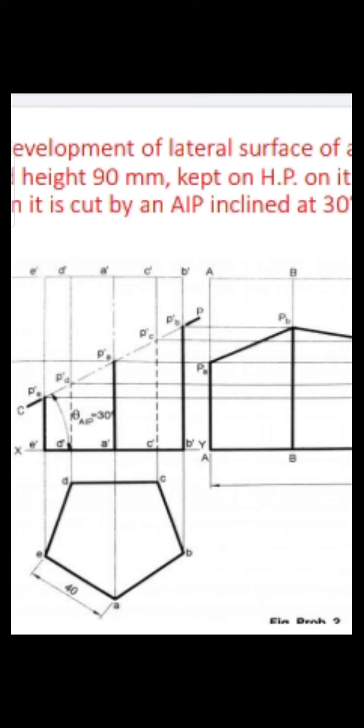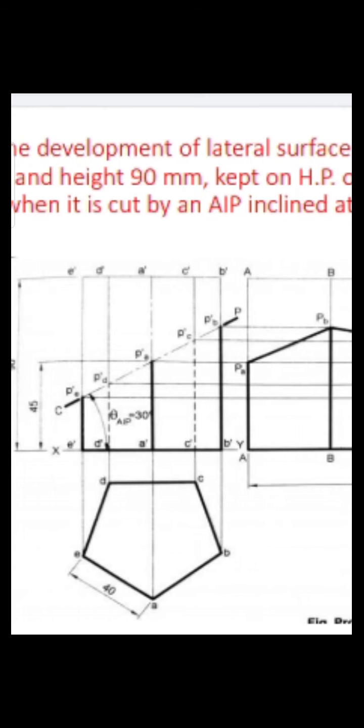How is the cut section drawn here? Mark the point at the center of the rectangle front view. Take 45 degree angle from that point and you have to mark this particular cut section. See here how to mark the points. I have marked the point P dash E, since it is lying on the E dash E dash.